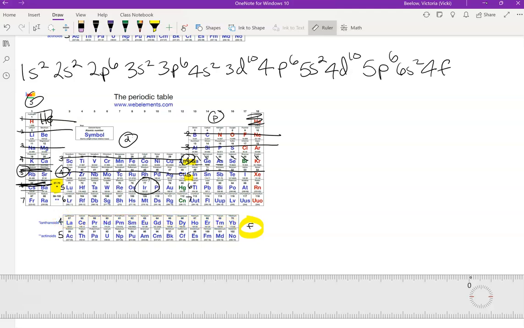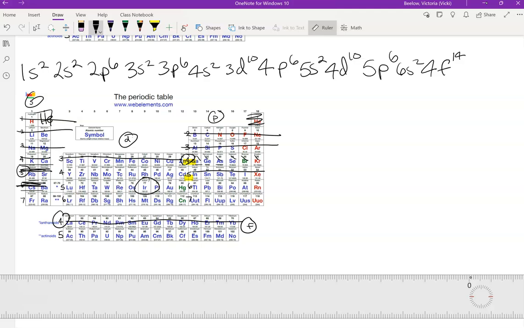Okay, so that's where I am. Kind of like taking a detour. We're here, we're going to go through here, and then we're going to continue back up here. So we did 6s2, now I'm going to do 4f, and there are 14 boxes here. 14.